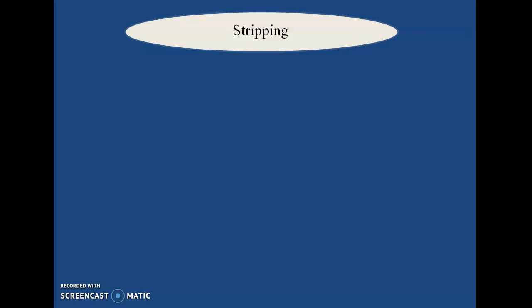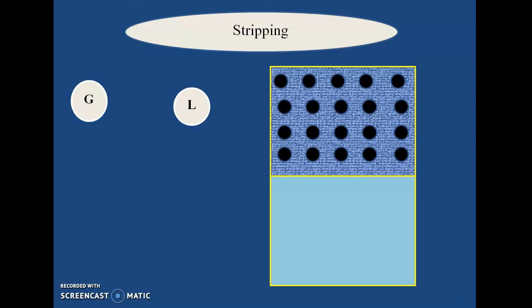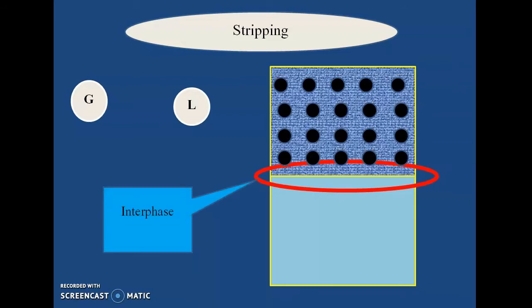When we consider gas-liquid phases, and one liquid with some solute particles and a gas phase which is free from solute particles is brought into contact with the liquid, then the solute particles, that means the black colored particles present in the solvent or solution, are transferred from liquid phase to gas phase through the interface.